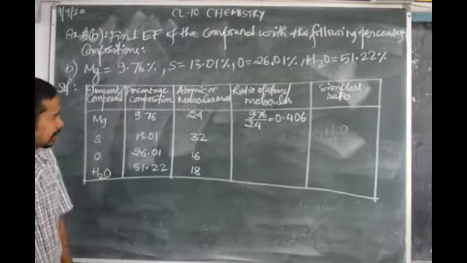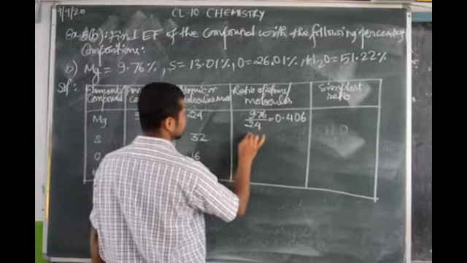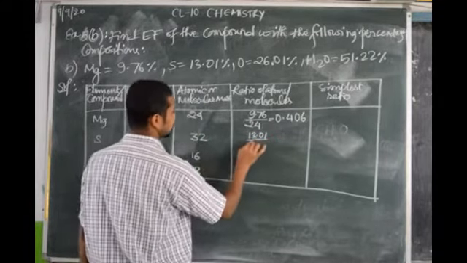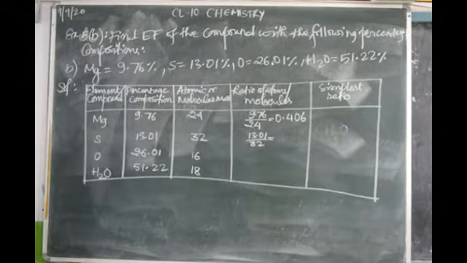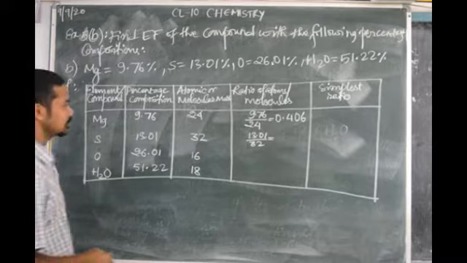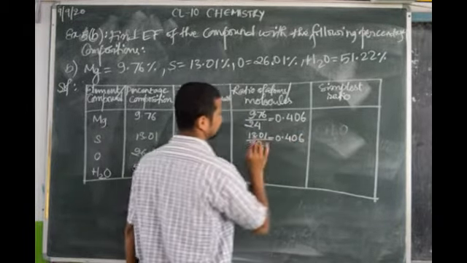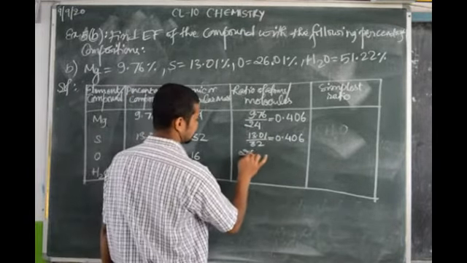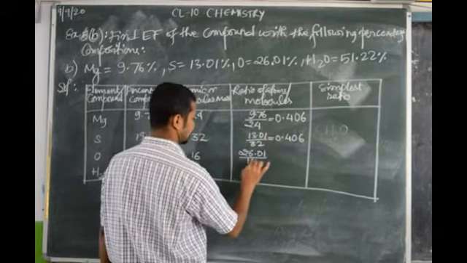Okay. Then for sulfur, the percentage is 13.01 divided by 32. Then how much you will get for this? You will be getting 0.406 only. Okay. Then for oxygen, 26.01 divided by 16.